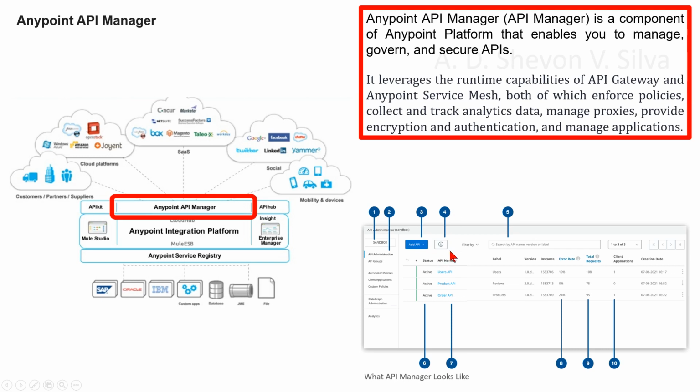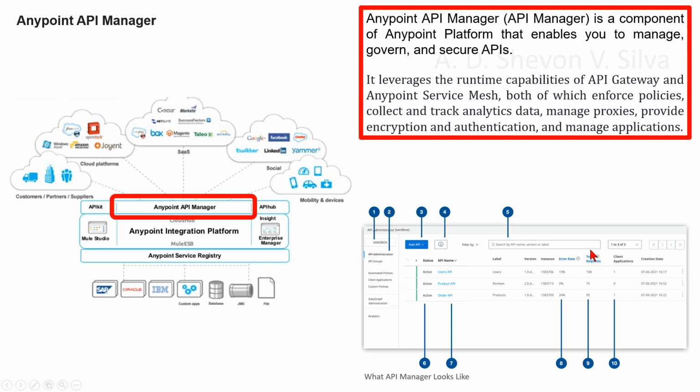Number 4, the environment information button, available only to administrator users, enables administrators to display a dialog with information about the current environment, such as environment credentials. Use environment credentials to provision the Anypoint Service Mesh adapter or to configure Studio to sync with your environment.